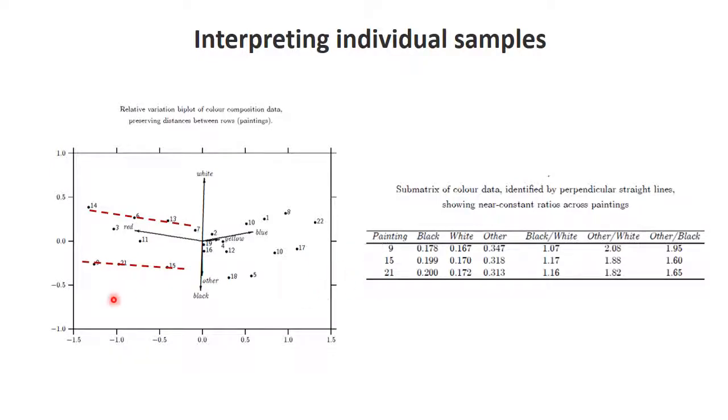For example, if you look at paintings 9, 21, and 15, the proportions of black, white, and other, particularly those that are orthogonal, we notice that those ratios are constant for these paintings. So it would be around 1 here, around 2 here, and again around 1.5 to 2 there.